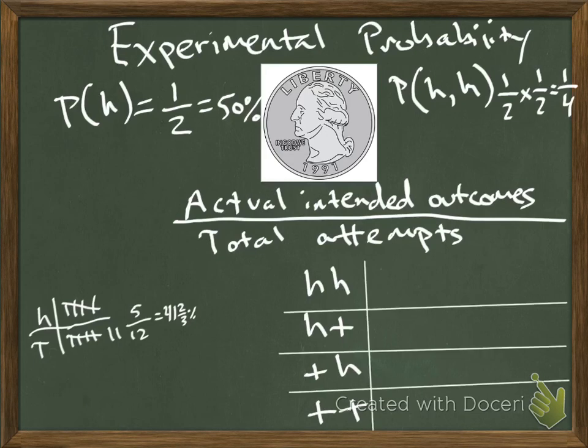Once I've done that, I can build my table and I can start running my experiment. And I would just need to keep track of my events, what happened, and my total attempts. In this case, one quick thing to make note of is that our table gives us a little bit of a clue of our theoretical probability.